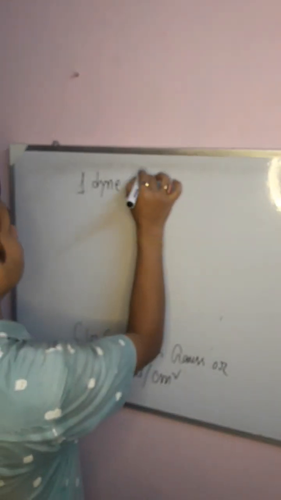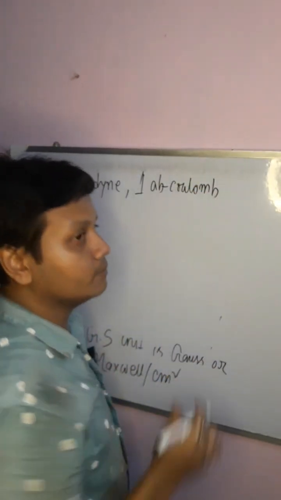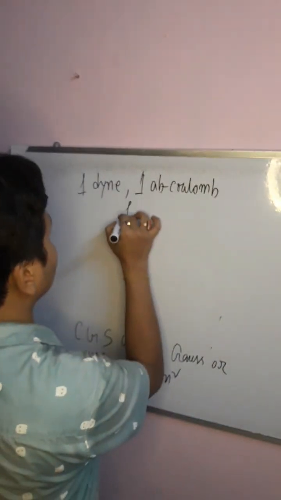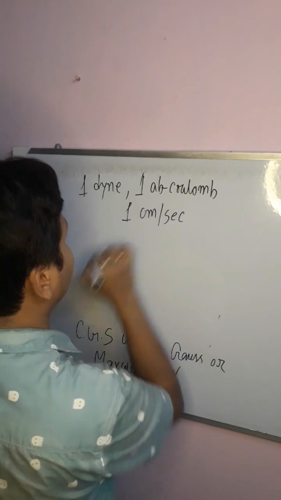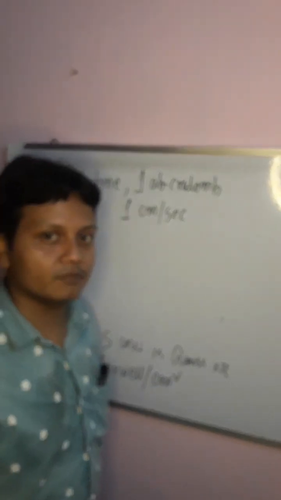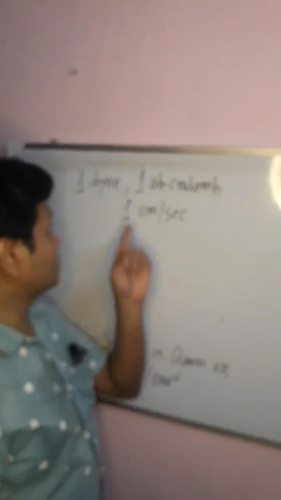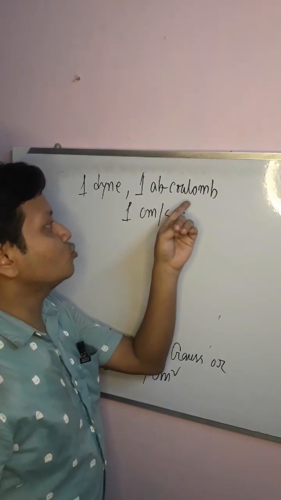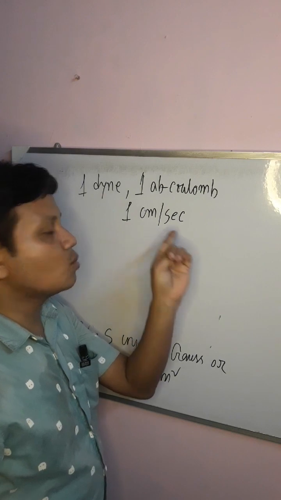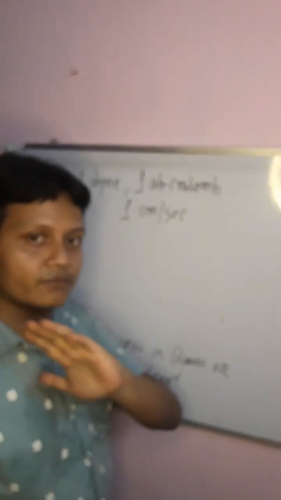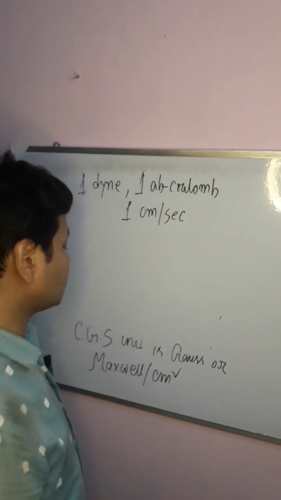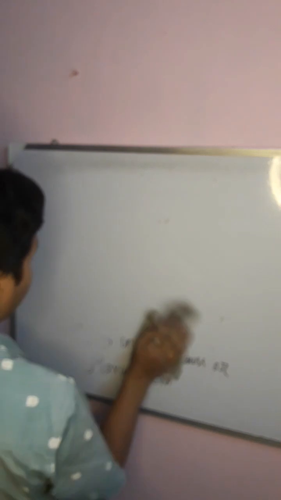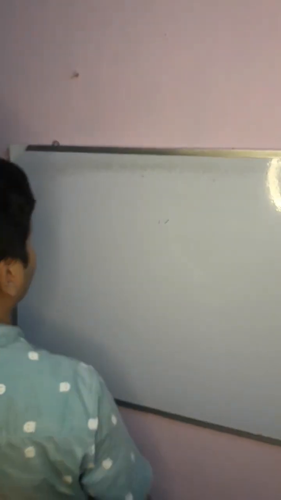Here the force is 1 dyne and the charge is 1 abcoulomb or statcoulomb, which is moving with a velocity of 1 centimeter per second at right angles to the direction of the field. So when a force of 1 dyne acts on a charge of 1 abcoulomb moving with a velocity of 1 centimeter per second at right angles to the field, it is called 1 Gauss or Maxwell per square centimeter. Now there is a relation between them, you all know it.